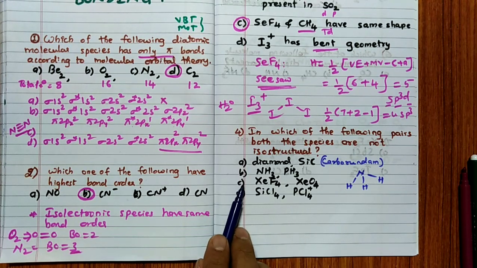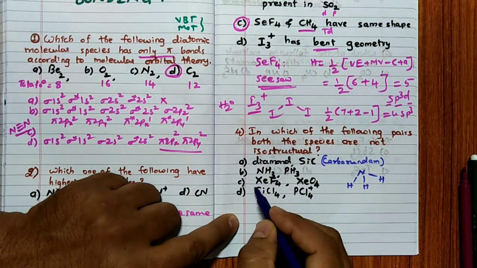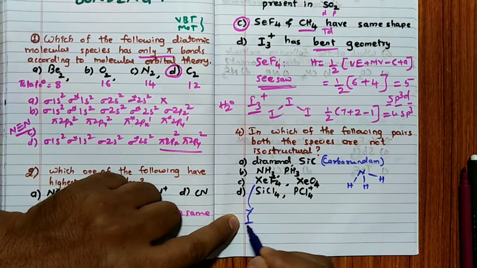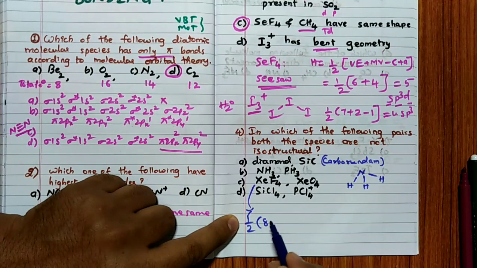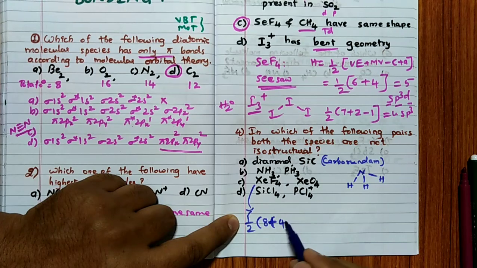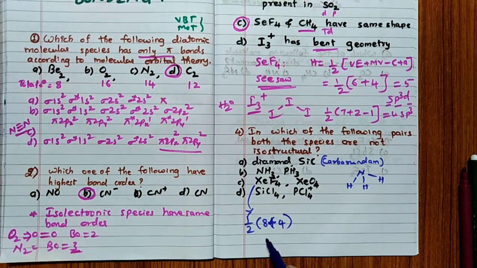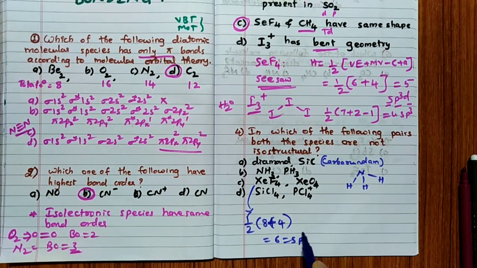Now see, XeF4 and XeO4. Now see the hybridization. XeF4: half into Xe's 8 valence electrons, plus 4 surrounding, no charge. So 8 plus 4, 12 by 2 means 6, which is sp3d2. Right?